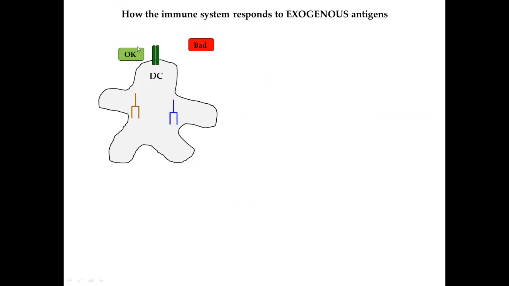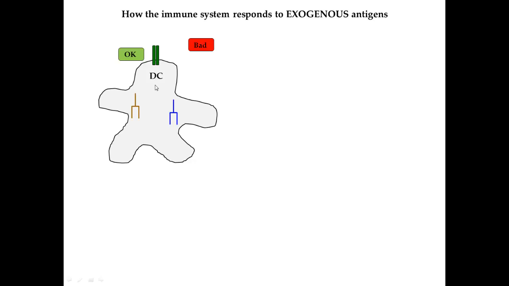One involves a molecule that's okay. This is probably a self molecule. And the other involves a molecule that's bad. And this bad molecule is an example of an exogenous antigen. So first, let's begin by looking at what happens when a dendritic cell encounters an okay molecule.